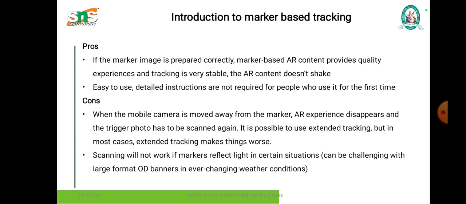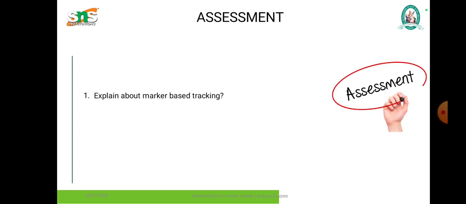The second con is that while scanning, the scanning will not work if markers reflect light in certain situations. It can be challenging with large-format outdoor banners in ever-changing weather conditions. So these are the cons of marker-based tracking.